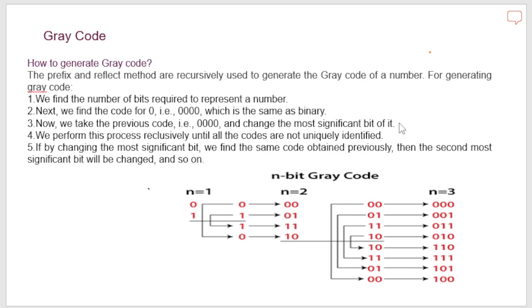The gray code. The gray code is a sequence of the binary number system which is also known as reflected binary code.